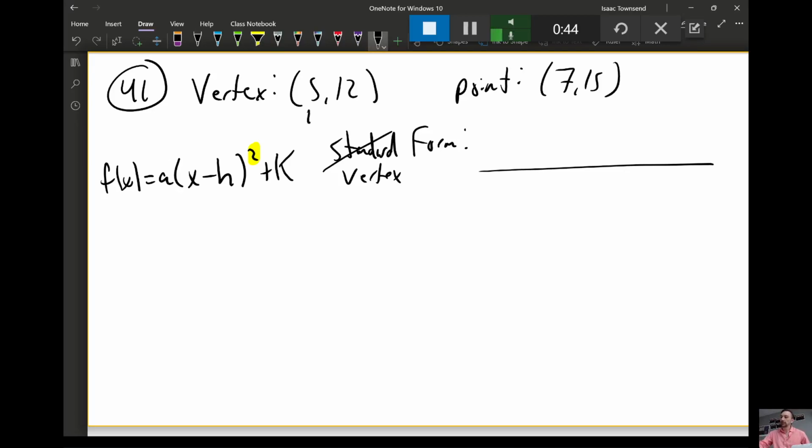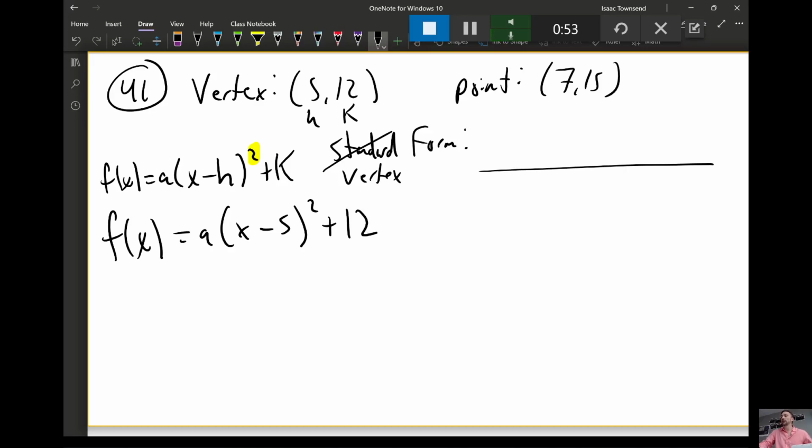If you don't square it, it's not a quadratic. But plug in 5 for h and 12 for k. And remember, this one looks opposite of what it's supposed to be: -5 gives us +5, and this one is not supposed to look opposite. So make sure that you have that distinction. The real mystery to this question, which keeps you from going straight to the answer if you have the form memorized, is trying to find this a value.